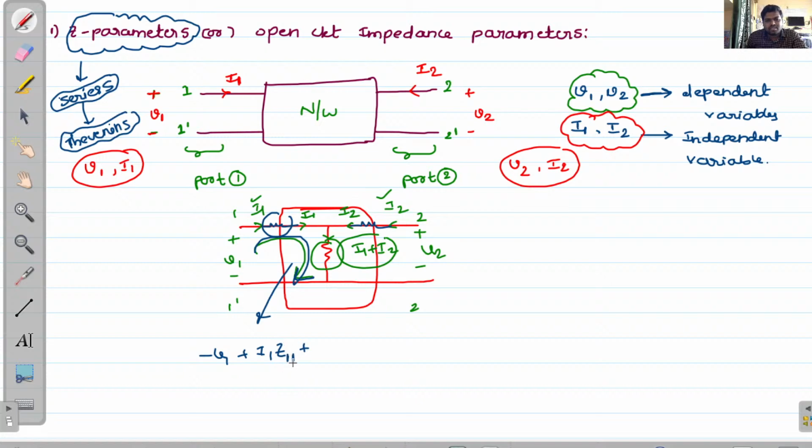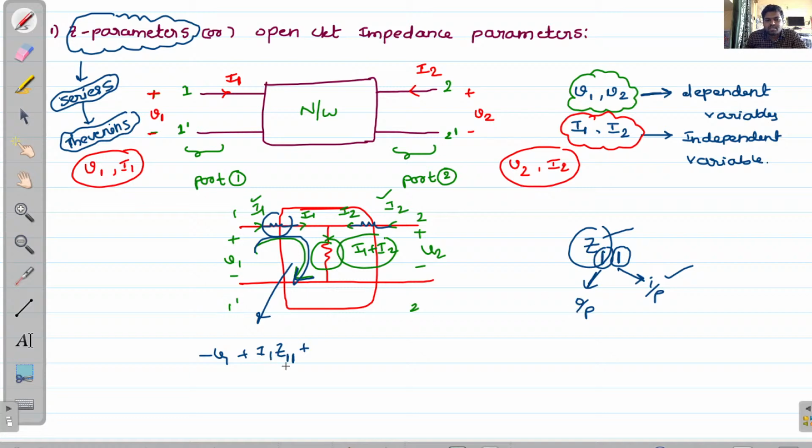Always remember, these are Z parameters, so here we are using a suffix with two parameters. For example, Z11: the first one is considered as the input parameter, and the second one is considered as the output parameter.